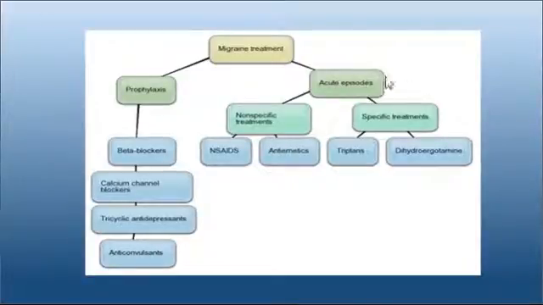These medications to abort the migraine come in multiple forms. They can be nasal, subcutaneous, in a pill form, and often these medicines are used in conjunction with the prophylaxis medications and then the acute episode medications.